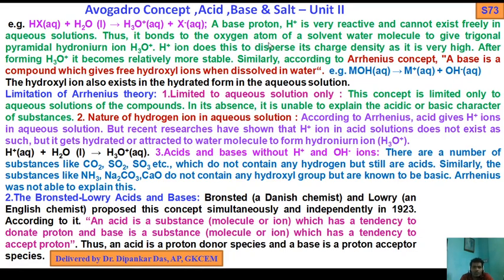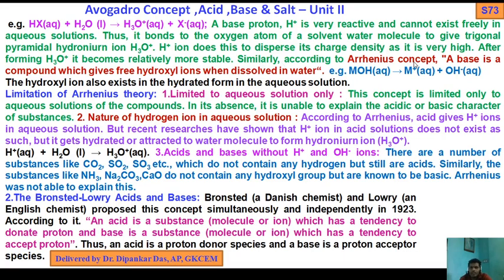It bonds to the oxygen atom of the solvent water molecule to give the trigonal pyramidal hydronium ion. H plus does this to disperse its very high charge density. After forming H3O plus, it becomes relatively more stable.